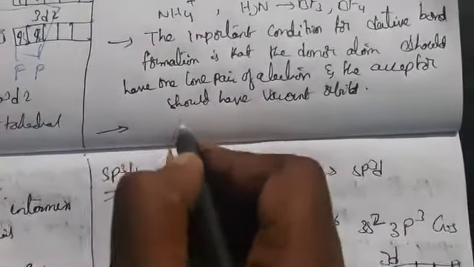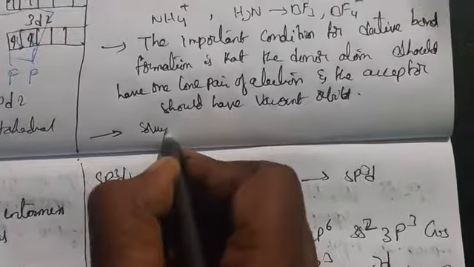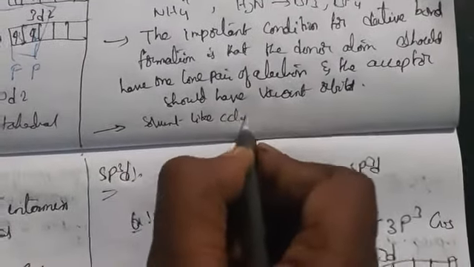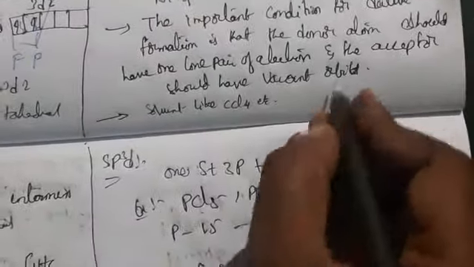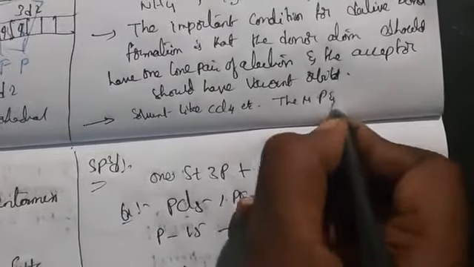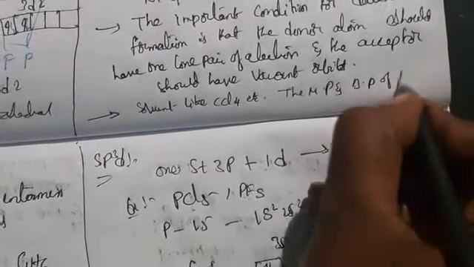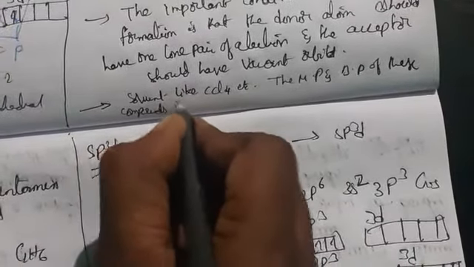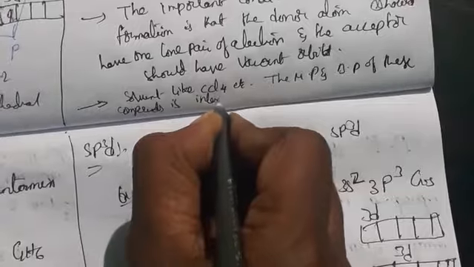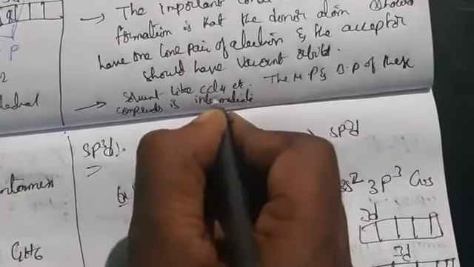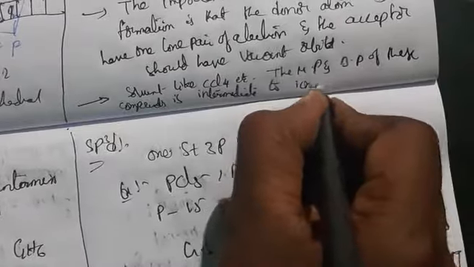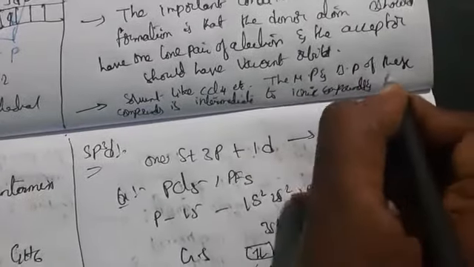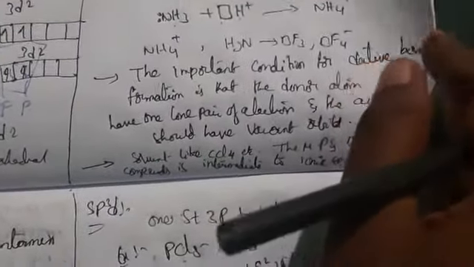So here, the melting point and boiling point of these compounds are intermediate to ionic compounds and covalent compounds.